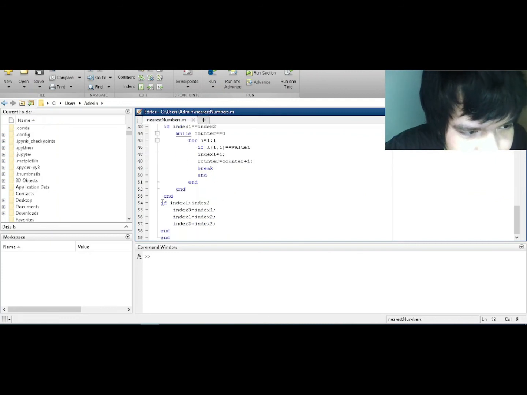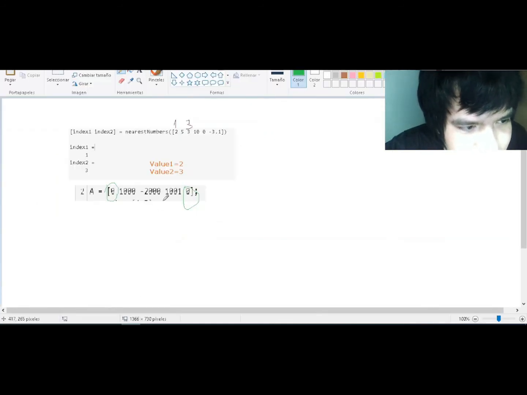At last, I just make a mini algorithm in which I'm making sure that value 1 and value 2 are in the correct order. It could happen that my index 1 is going to be 3 and my index 2 is going to be 1.